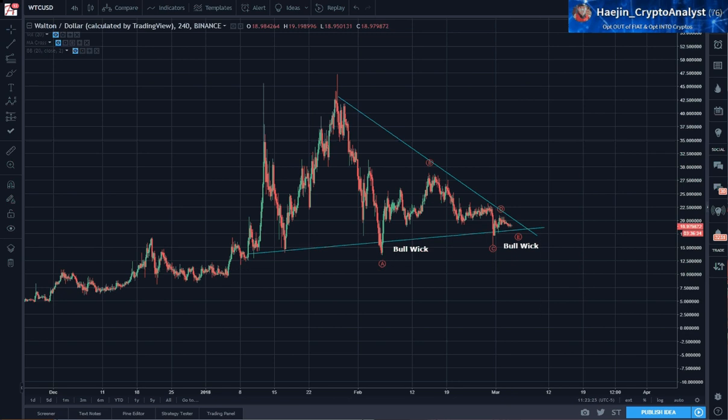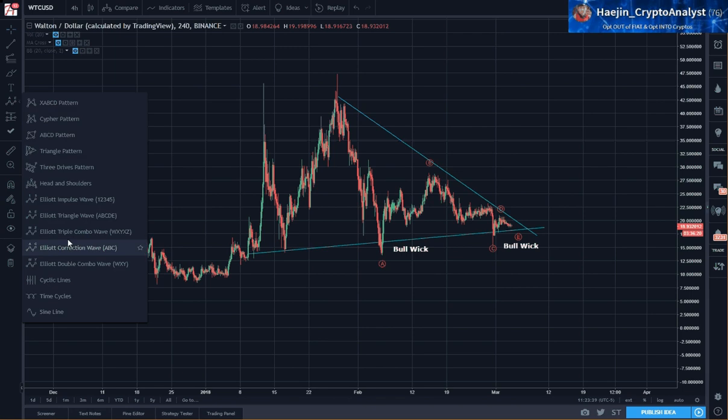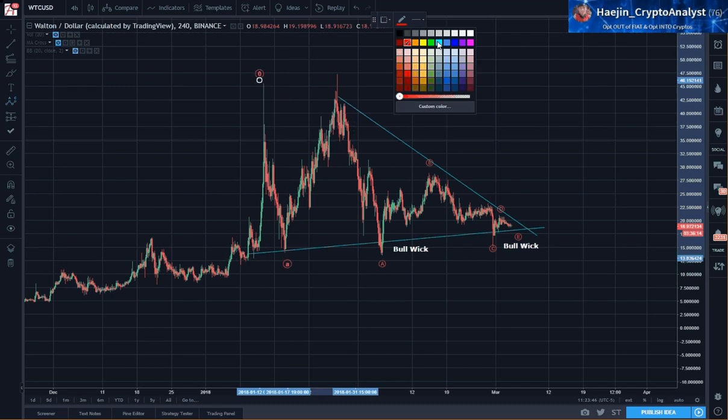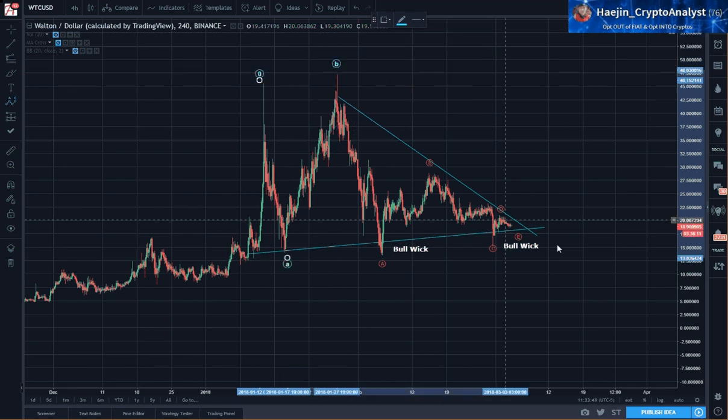This could be made into a little bit of a complex correction, more on the combination side. For instance, I could have this whole thing as an A, B, and a C. Let me explain.